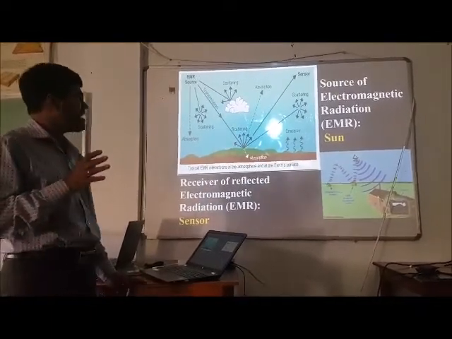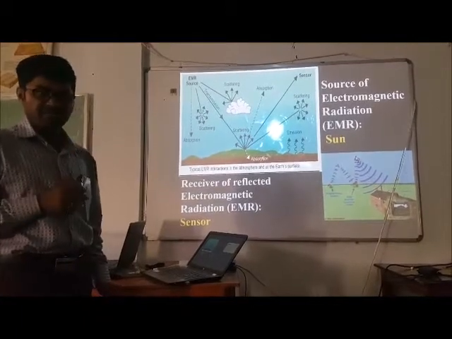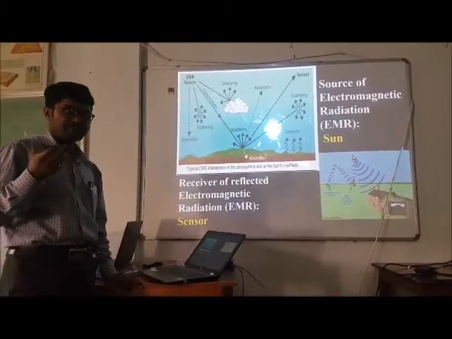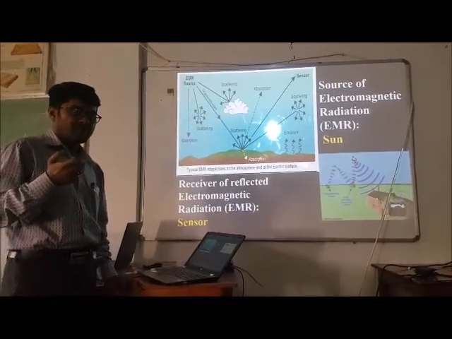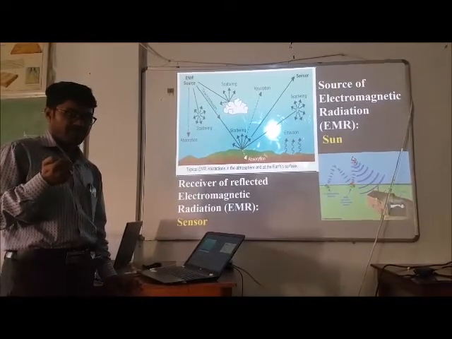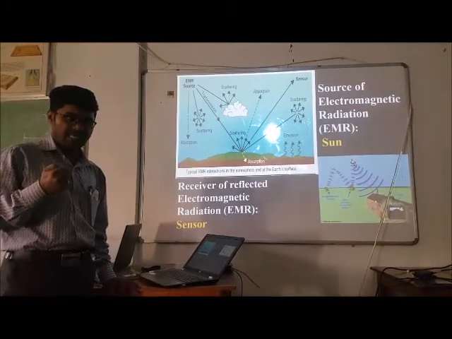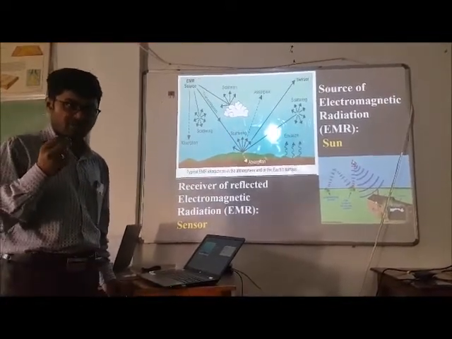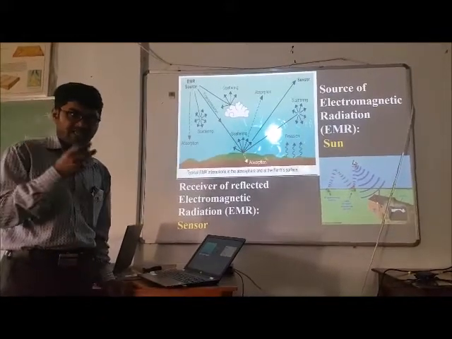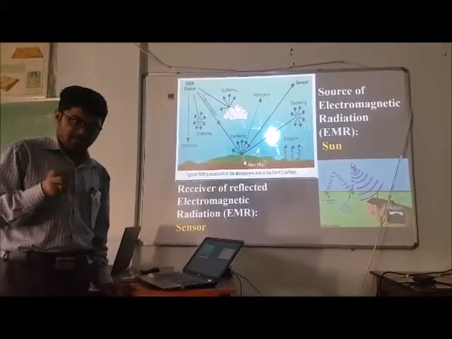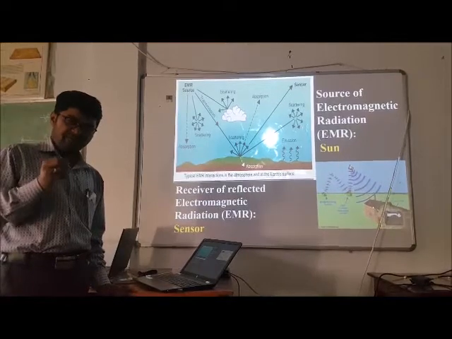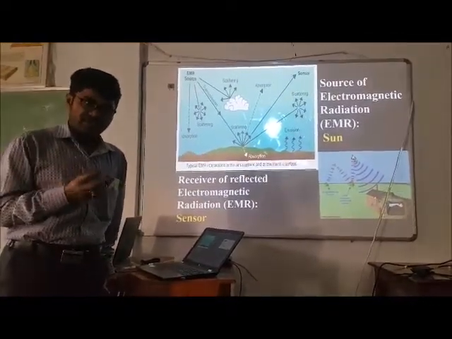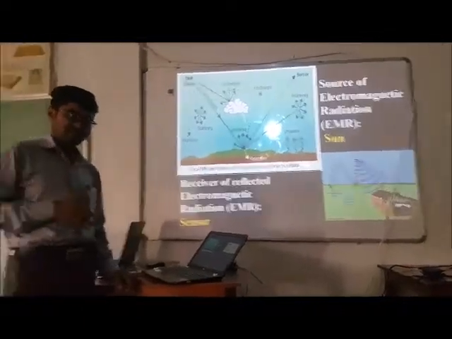that is active remote sensing. Like when we capture photographs using our mobile at night time, we usually switch on the flashlight. At that time, the sensor is using its own source of energy, that is active remote sensing.